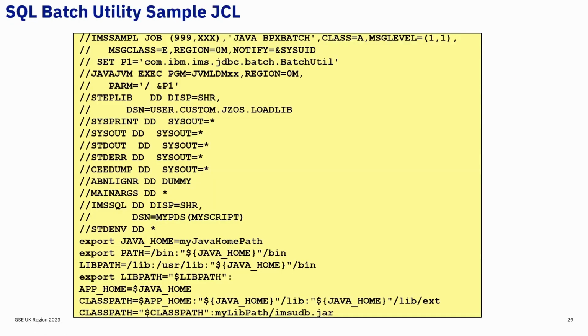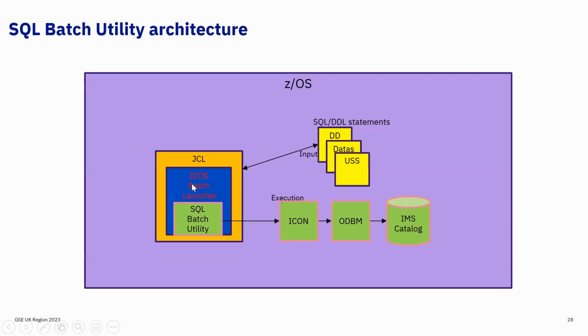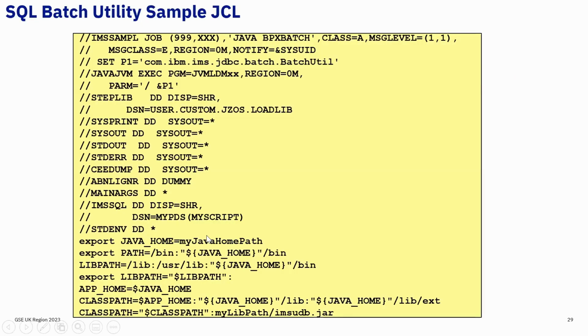Here's a sample JCL, if you will, right? And notice we start off with the z/OS JZOS batch launcher. That is what gets started, and it then invokes the SQL batch utility, right? So in this JCL on the exec statement, we've got the JZOS batch launcher. We pass a parameter to it, in this case P1, and P1 is set for that SQL batch utility.